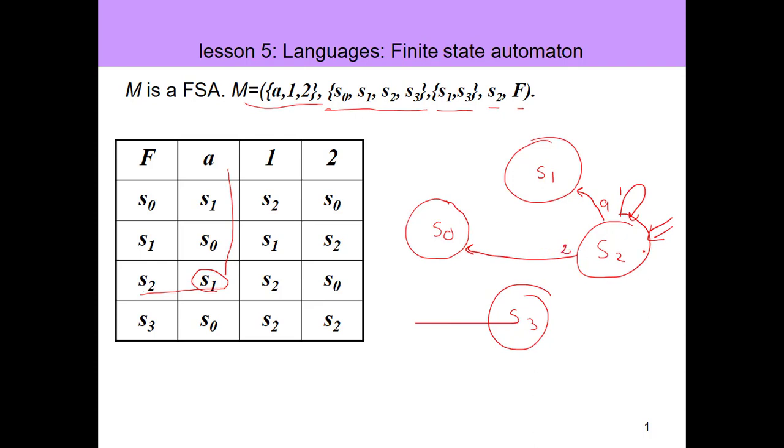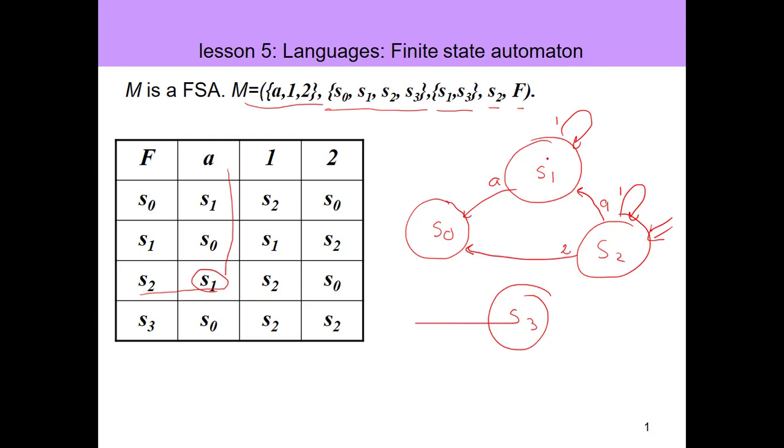So for state S2, all possible symbols which can enter the automaton are defined and are given an output. Okay, then let's just check one by one all states. So let's look at state S1. In S1, if I get an A, then I go to S0. If I get in S1 a 1, I stay.